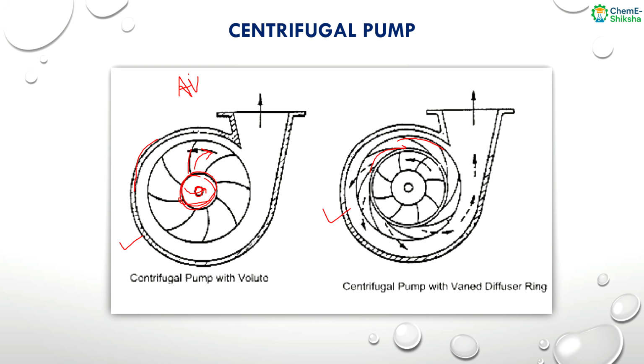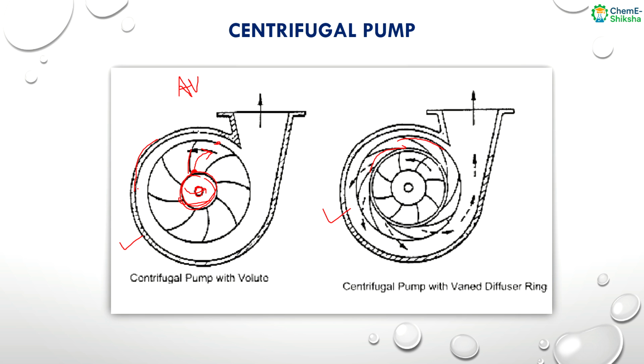So the static pressure will also increase. Therefore in the centrifugal pump, the pressure head is increasing from the inner part of the blade to the outer part of the blade.